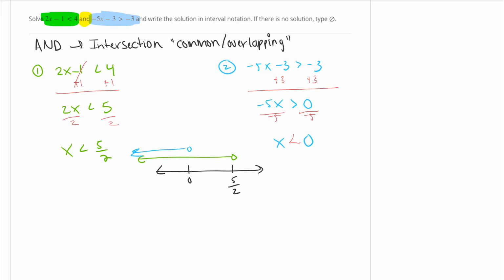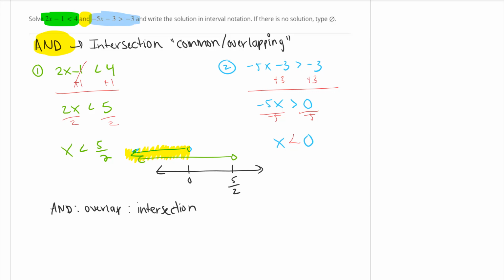Okay. So the key word here was "and". So I'm looking for the overlap, since this is the intersection. So then the intersection would be everything here.